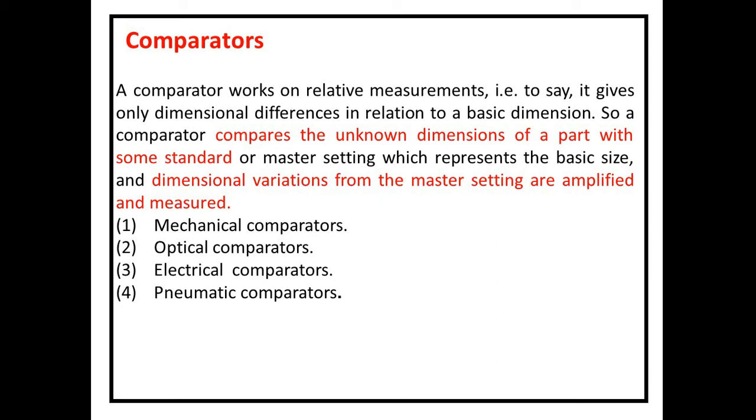Now different types of comparators are there: mechanical comparators, optical comparators, electrical comparators, and pneumatic comparators. These comparators are based on the method of magnification used in their design, indicating the gauges.